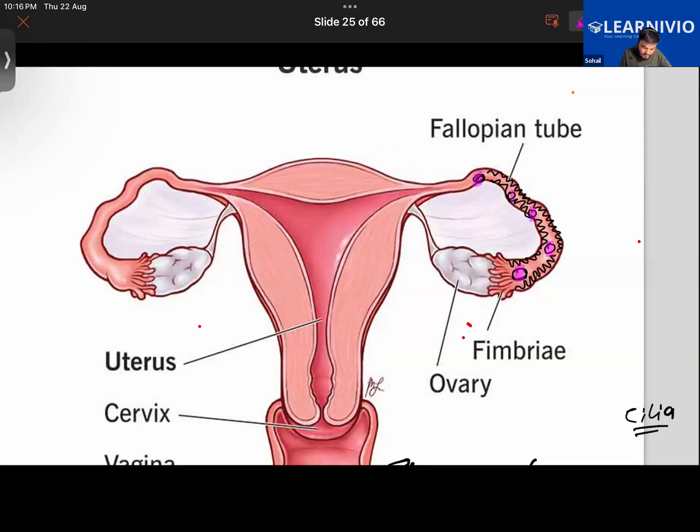They help in the movement of the ovum in the fallopian tube. That is the function of the cilia here: they help in carrying the ovum from the ovary all the way up to here. How it happens is really not important at this standard. So far it's clear what the function of the fallopian tube is. Hope you guys have understood this.